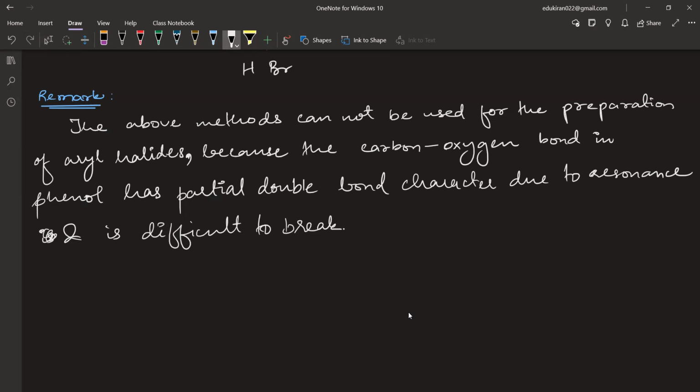We can be given this type of question, and it can also be asked like this: why haloarenes cannot be prepared using thionyl fluoride? Then you will write that in order to form haloarene, we have to use phenol, and in phenol we have resonance. Then you can show the resonance also.